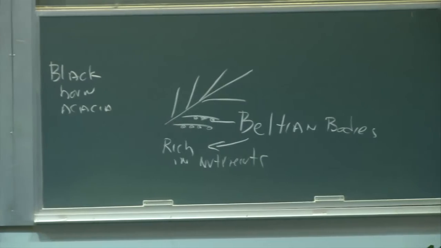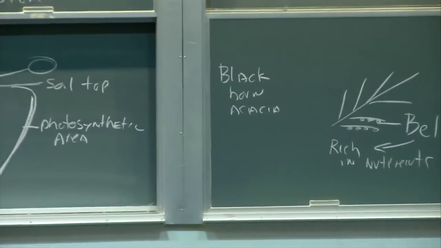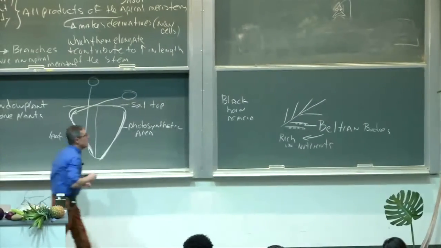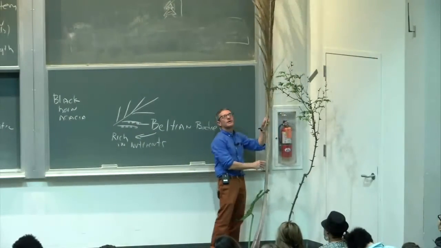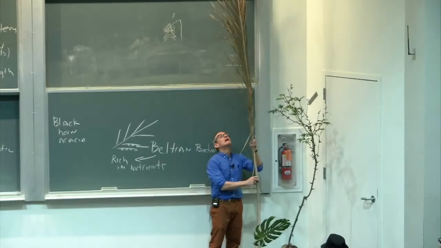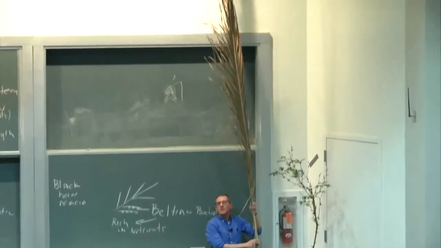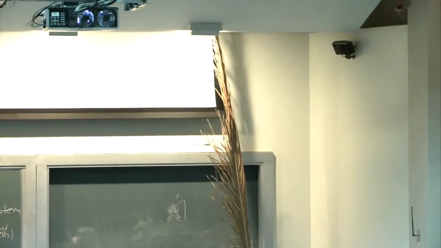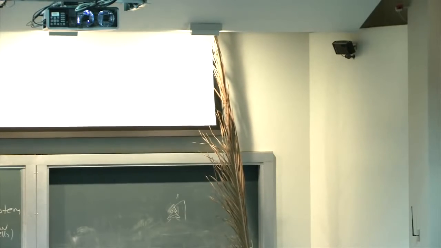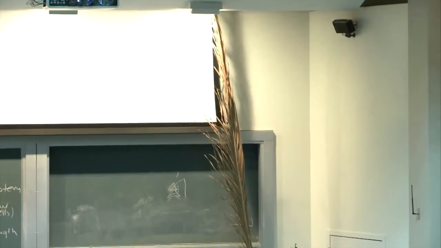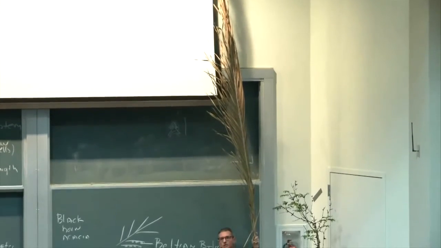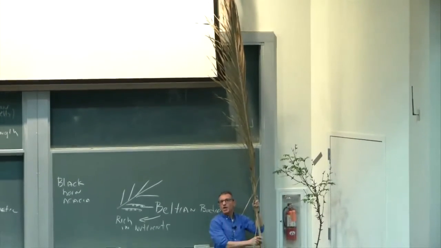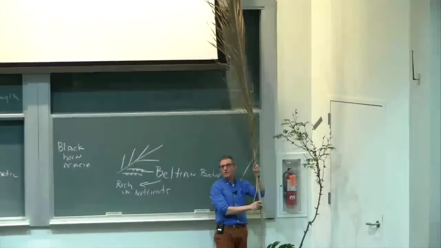Now, leaves come in a tremendous number of shapes and sizes. And up here in front, I have for you a palm leaf. This is not a typical leaf, but to give you an idea of how much of the biomass of the plant can be invested in leaves, you've got this palm leaf, and you will see, compared to leaves of very small plants, which is one of the first slides I'll show you, that the change in size of leaves can be orders of magnitude.